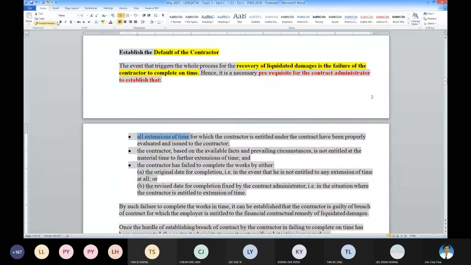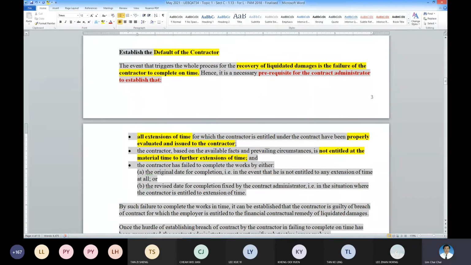If not, it would not be so proper. So all extensions of time must be properly evaluated and issued to the contractor. This is point 1. That means once you have properly evaluated, the contractor won't be entitled to any more EOT. That is the reason behind it.